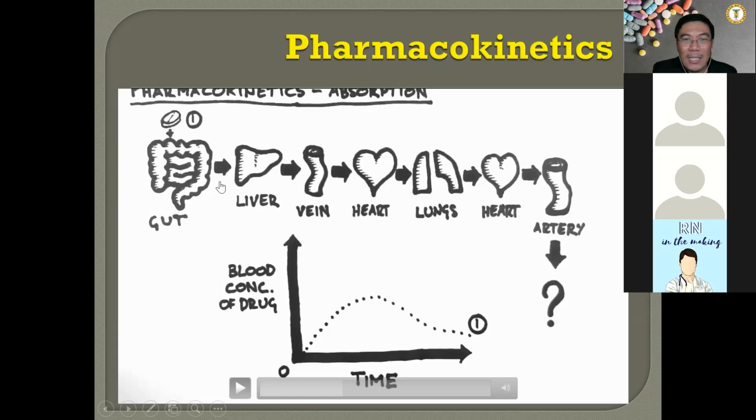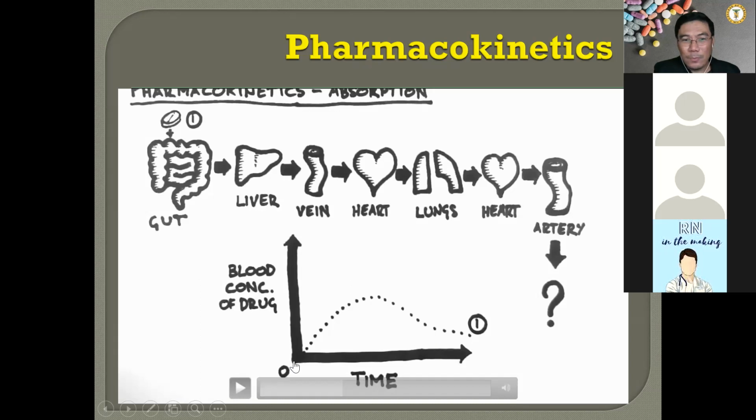So can you imagine the period of time that it takes for oral drugs to take place. That's why most oral drugs have a longer period of time of effect. From this graph, it reaches the point where it maximizes.